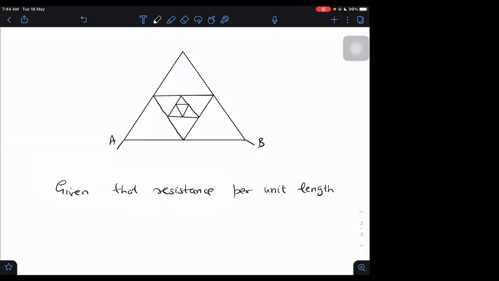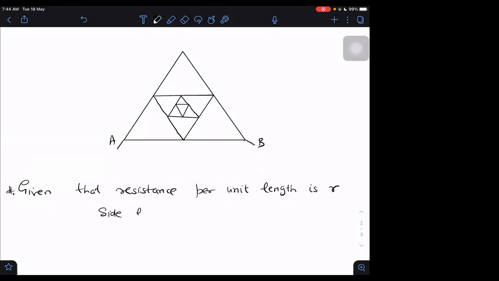The resistance per unit length is R, and the side length is given to us as A. The longest triangle side is A. Others will become A by 2, A by 4, and so on.